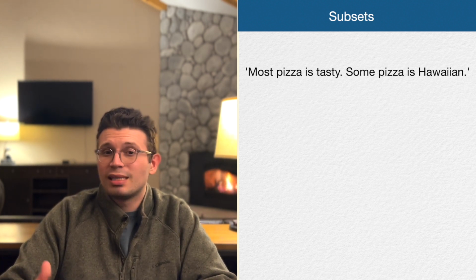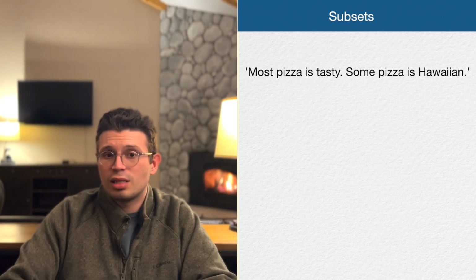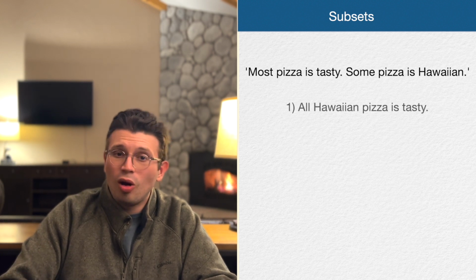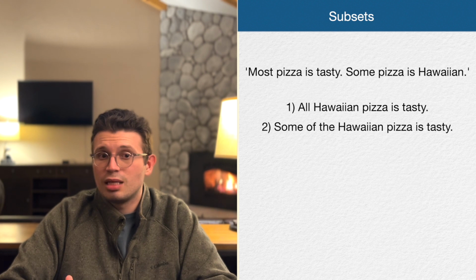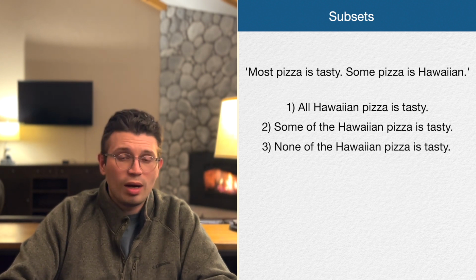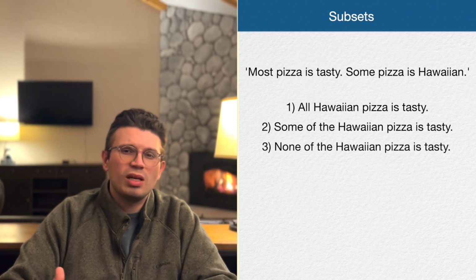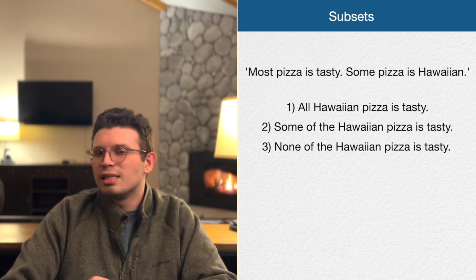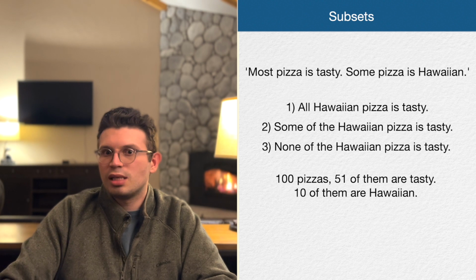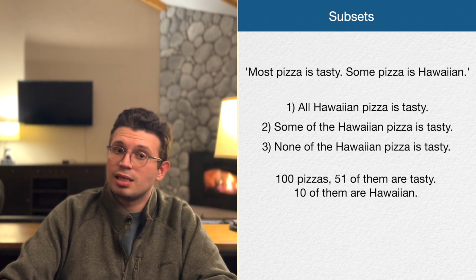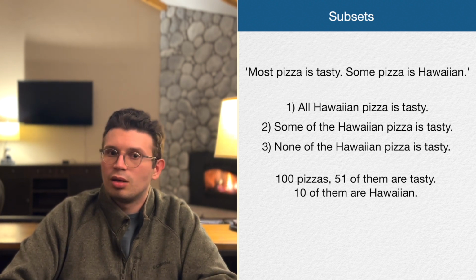With this statement, as I have it given to you, we can have 3 scenarios of overlap. Number 1, all of the Hawaiian pizzas are tasty. Number 2, some of the Hawaiian pizzas are tasty. Or number 3, none of the Hawaiian pizzas are tasty. Okay, so let me give you some numbers to maybe make that make sense. Say I have 100 pizzas. 51 of them are tasty, right? We said most pizza is tasty, so 51 of my pizzas are tasty. 10 of them are Hawaiian, okay?